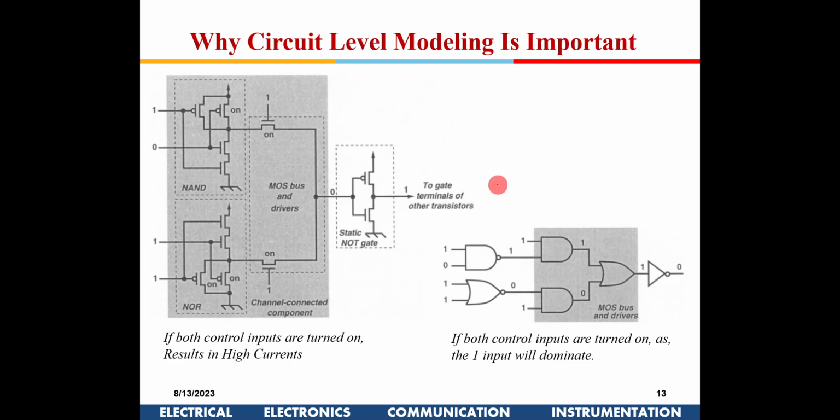Now this is one example of why circuit level modeling is important. This is a transistor implementation of a MUX. There is one function here, and there is another function here, and this is a MUX which will select only one of the outputs. When I do the gate level modeling, or if I tell the tool to implement it, the tool can implement it in this way also.